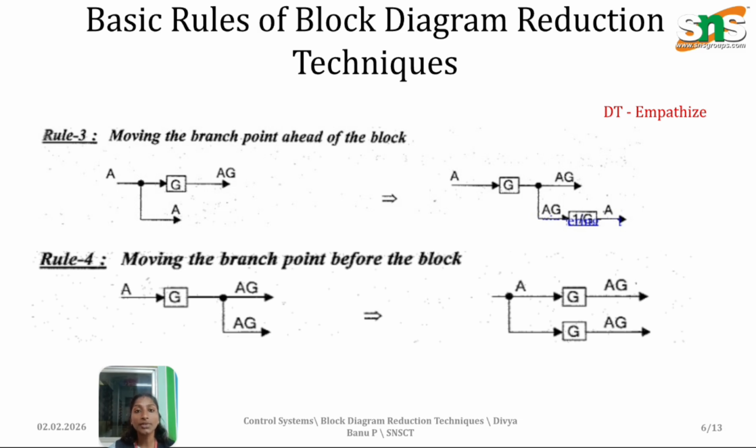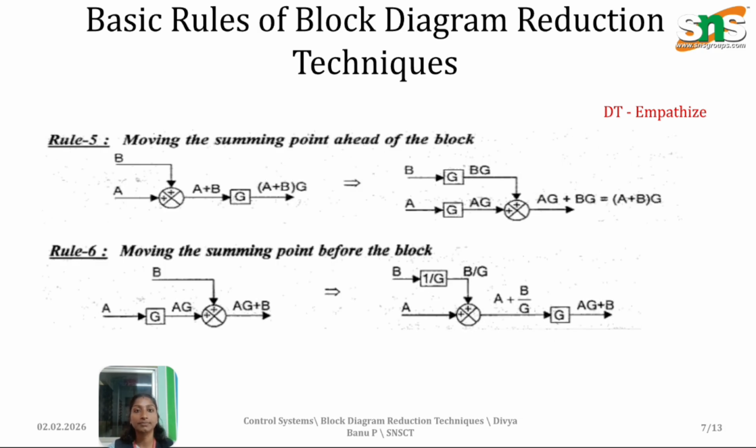In rule 4, moving the branch point before the block, when we transfer a point before the block, we have to add that value to that particular place so that we get the same output. All these rules are applied in order to simplify the block diagram, not to change the output. So the output should not change, but we have to alter the diagram.